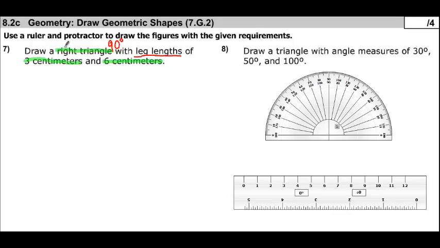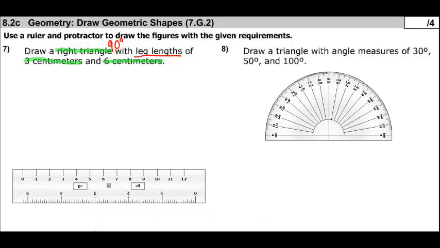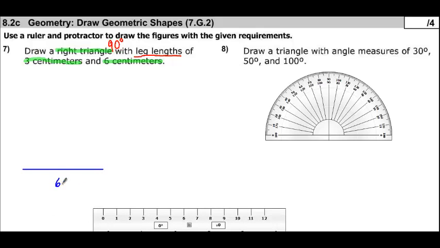On a right triangle, the legs are the ones that meet to form the right angle. So we're going to make a triangle, and it doesn't matter which direction you draw it. I'm going to go ahead and make my right triangle by drawing 6 centimeters this way. So that's my 6 centimeter side.